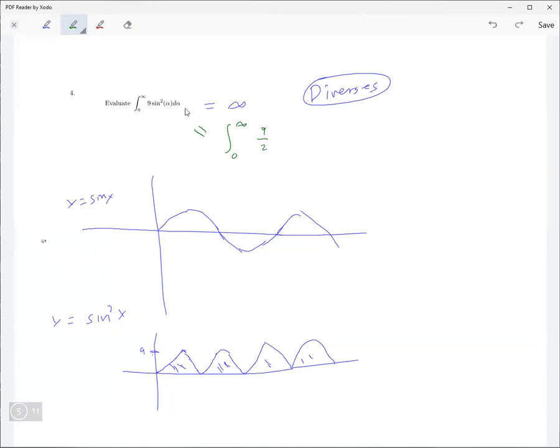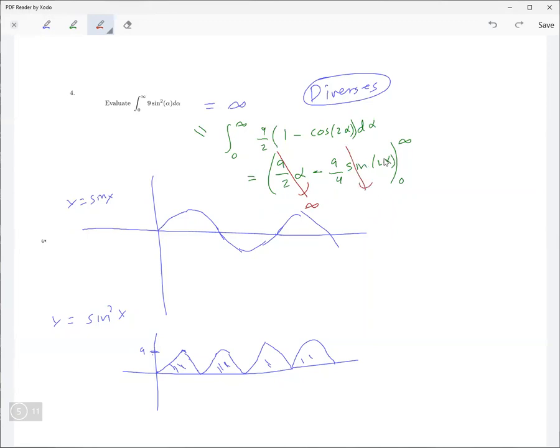So sine squared is 1/2 times 1 minus cosine of 2 alpha, d alpha. So when you integrate that, you're going to get 9/2 alpha. And then, what is it, sine of 2 alpha? 9/4 minus that. And this one right here, this one goes off to infinity.